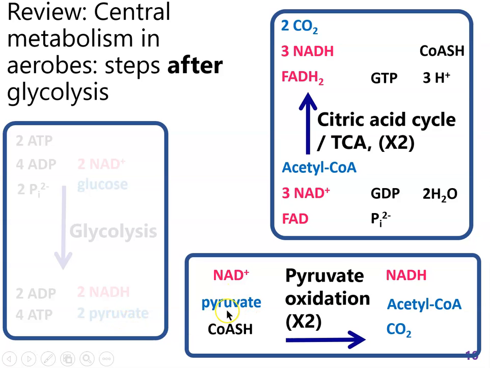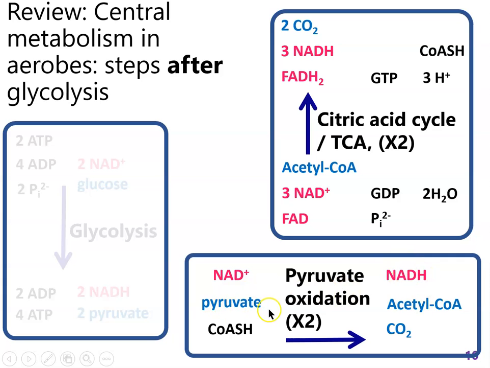And so there would be 2 of them, so all of these would be multiplied by 2. And again, we get 2 NAD+ that pick up electrons from pyruvate, so that at the end we have acetyl-CoA and NADH.